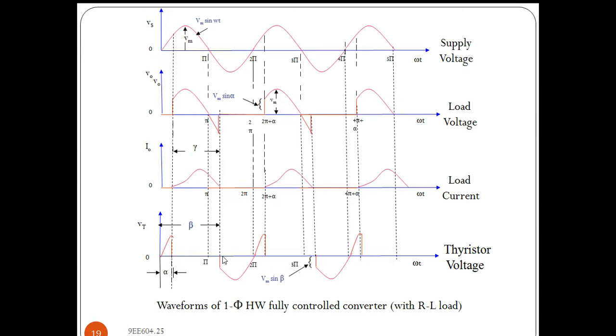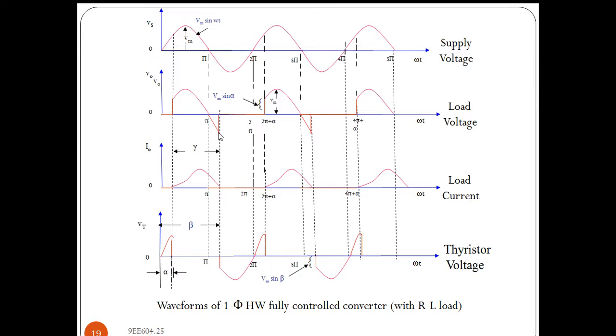From beta onwards, the thyristor is subjected to the negative half cycle and the device, the SCR, is off. So the output voltage is the same as the input supply voltage from beta onwards. It is the same operation as the single phase half wave controlled converter with R load.